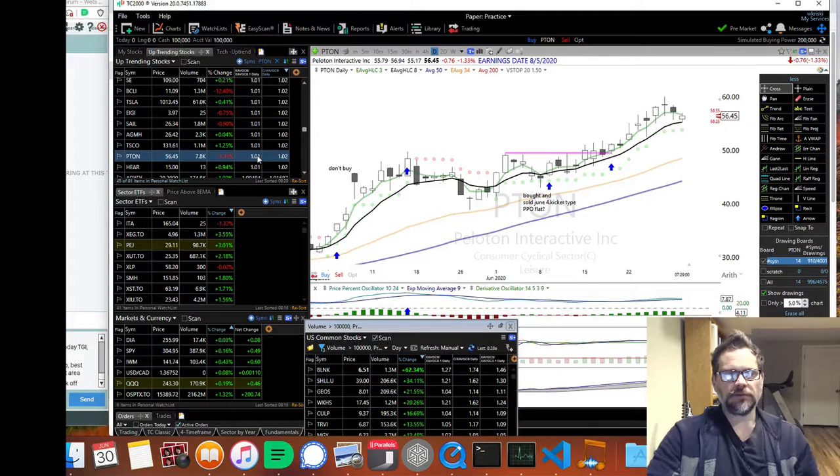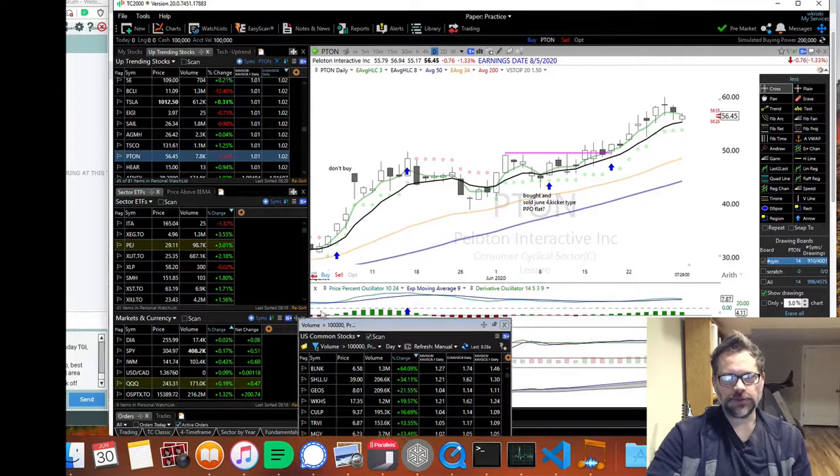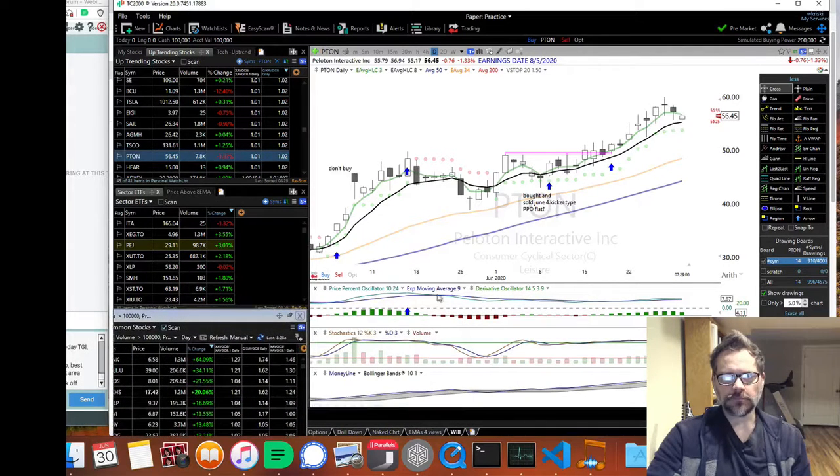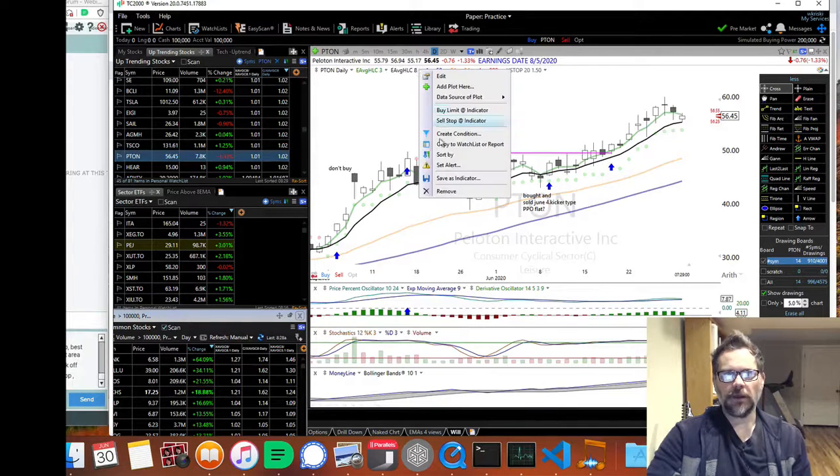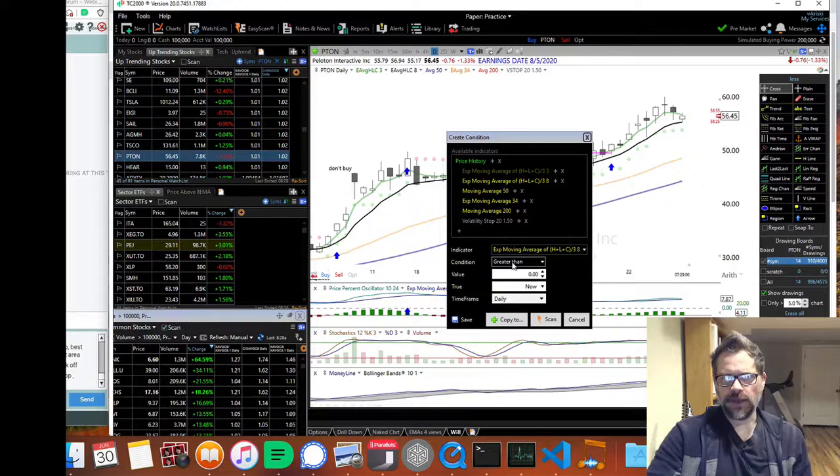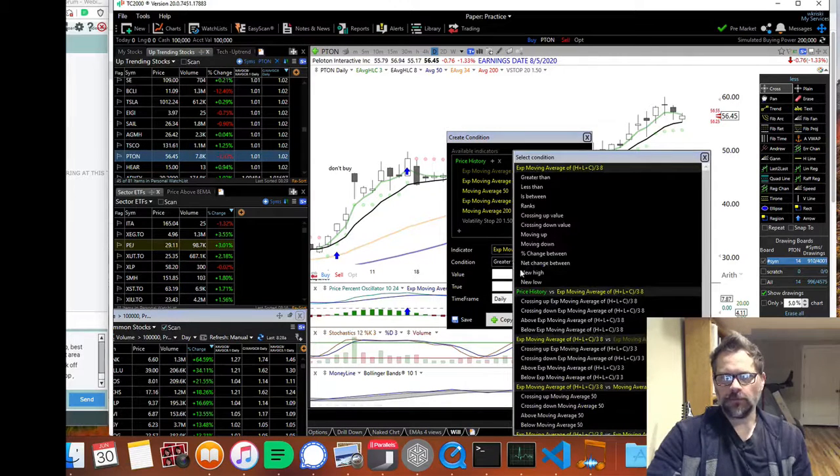There's a million things you can do, and you don't always have to write formulas. You can do conditions based off of values on this chart. If I have this 8-day moving average and click on the arrow, I can create a condition here, and instead of greater than, there's a whole bunch of options.